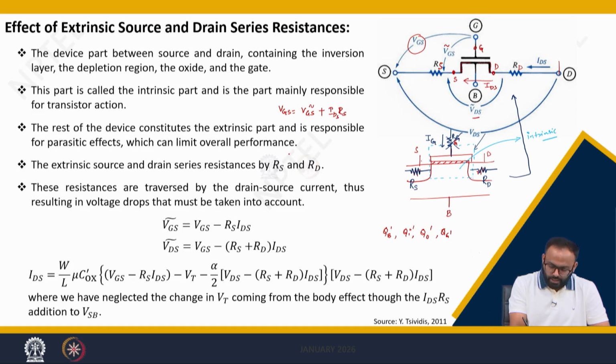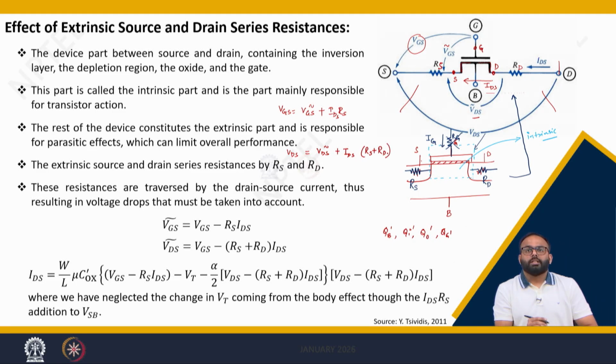Similarly, the overall VDS is equal to VDS cap plus IDS into (Rs plus Rd), and hence you can see the drain current is also dependent on these resistances. So when you are modeling this MOSFET including the parasitic effects, you need to take these resistances into account.